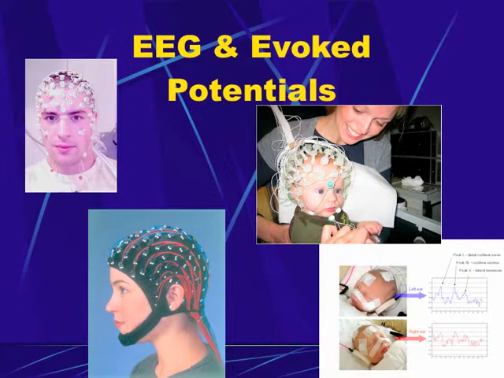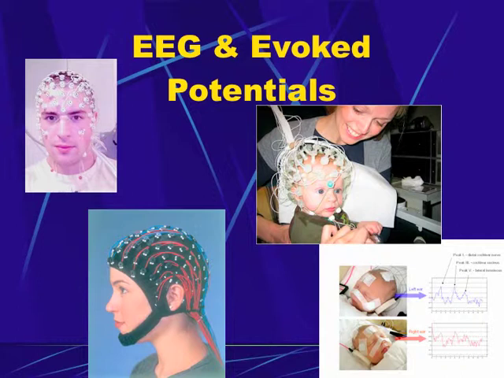We look at the electroactivity in response to some sort of stimulation. Like your little baby there on the right, they're testing hearing. They've got little earphones on, and they're sending sounds to those earphones, and then they're looking at the brain activity to see, does baby respond to those sounds with brain activity.